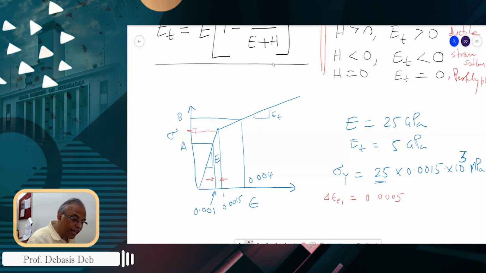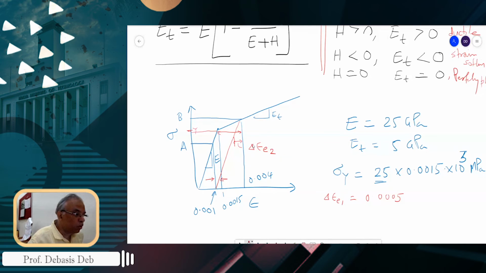And another one has happened this much. This is the delta epsilon elastic part 2. So this has two parts. Remember that. So now what you have to know is what is the total strain.